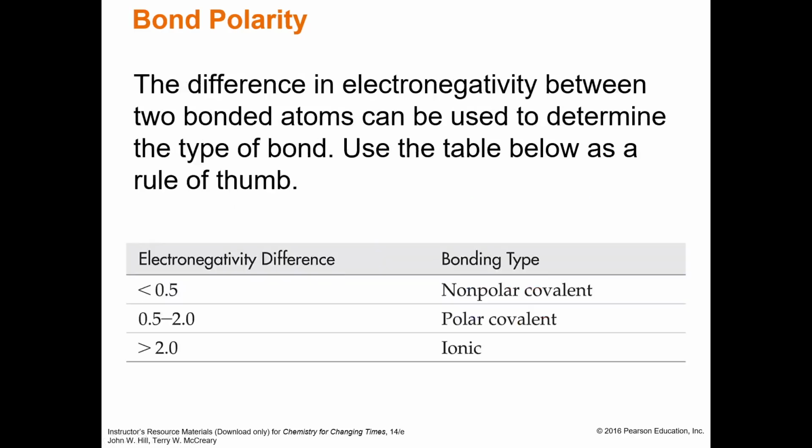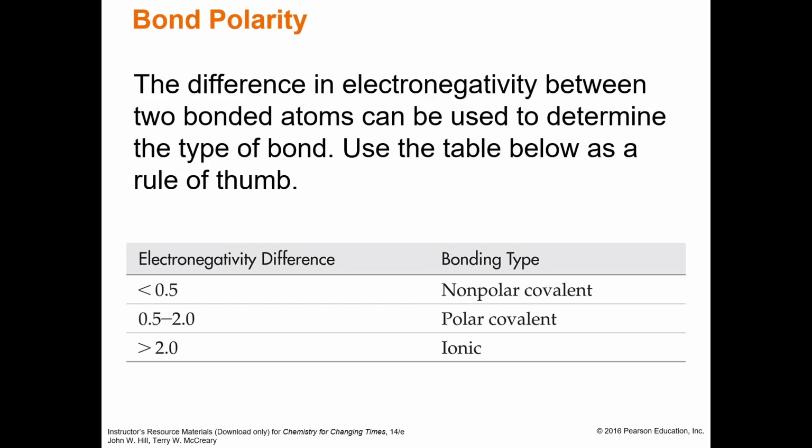The difference in electronegativities between the two bonded atoms can actually be used to determine that type of bond. That's actually what makes them a nonpolar covalent bond, which is a normal equally shared covalent bond, a polar covalent bond, or an ionic bond. Please note here that this is actually a sliding scale, okay? This has a continuum between them.